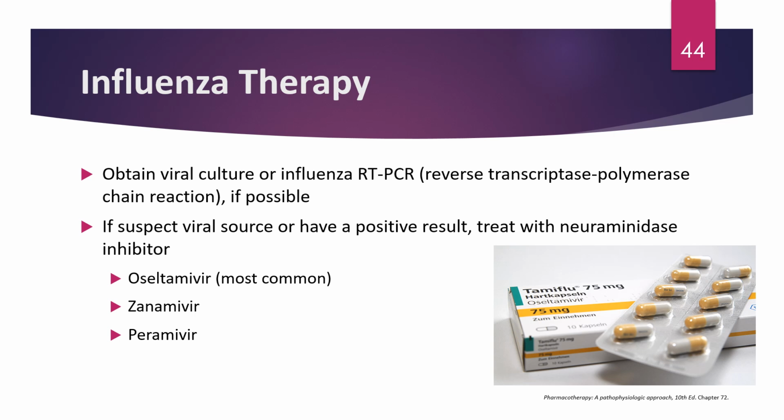Zanamivir and peramivir are other options that are available out there, but Tamiflu is usually going to be what we go to. The sepsis guidelines don't make any formal recommendation currently for the 2021 guidelines on influenza or viral therapies.